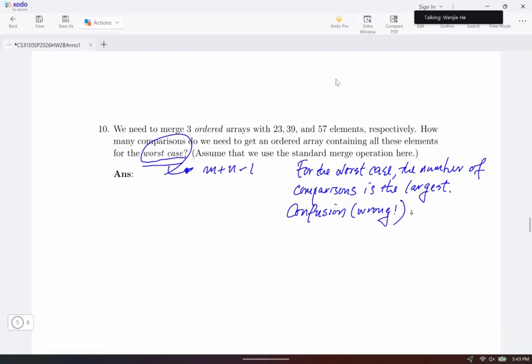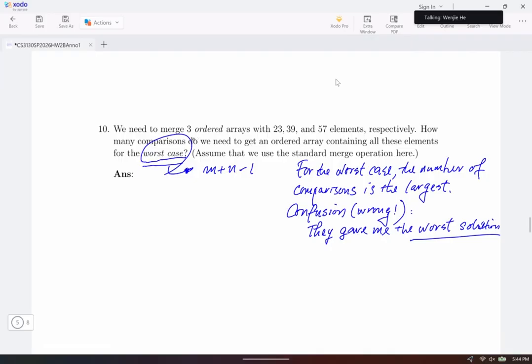The confusion part is that here the largest number of comparisons, then they give me the worst solution. Think about worst solution and worst case. What's the difference?